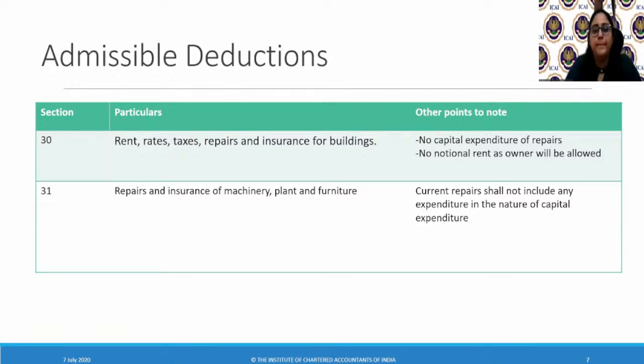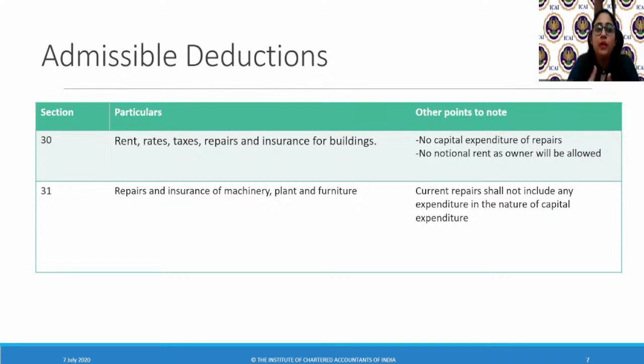your building. To start a business, first of all, what do you need? A structure to do business in, a building. So section 30 is the first deduction which is allowed, for expenses in relation to the building. Rents, rates, taxes, repairs, insurance, all of that is covered in building.